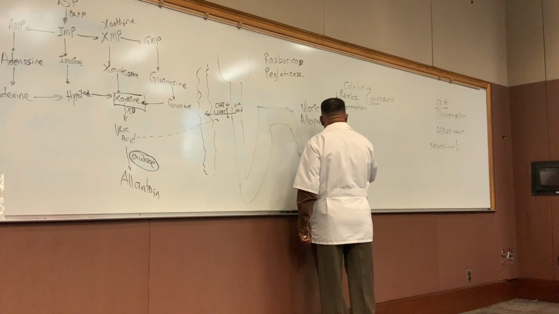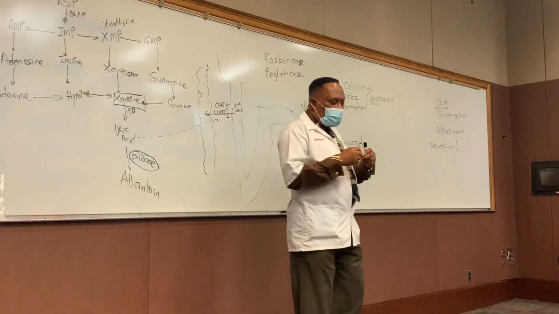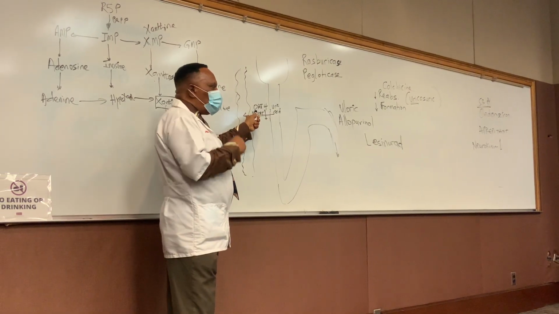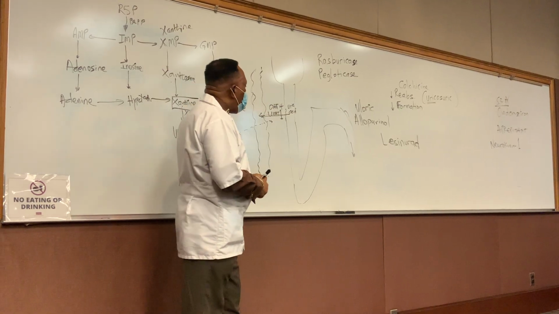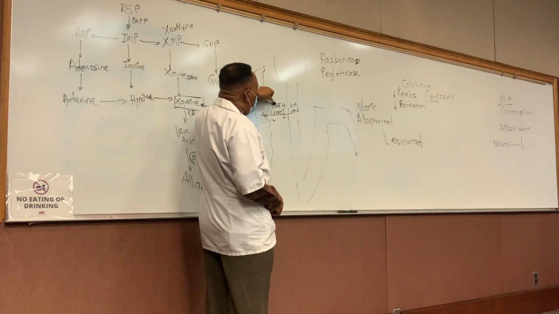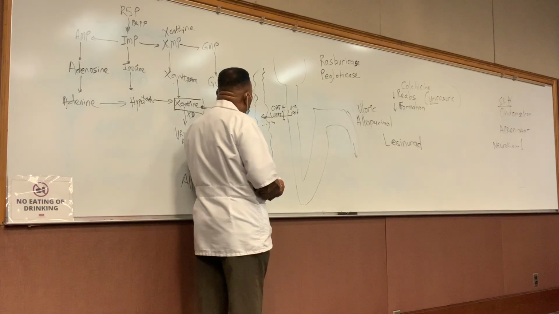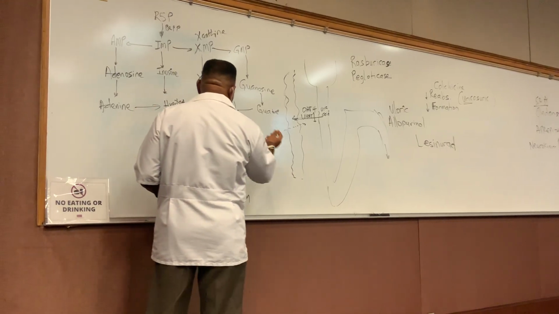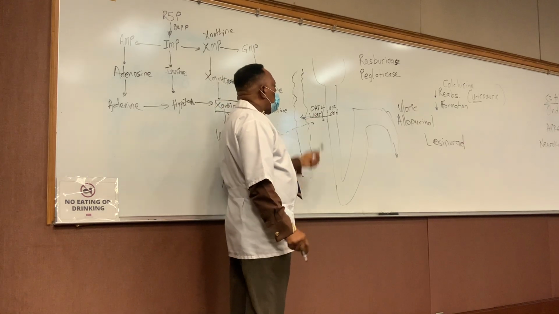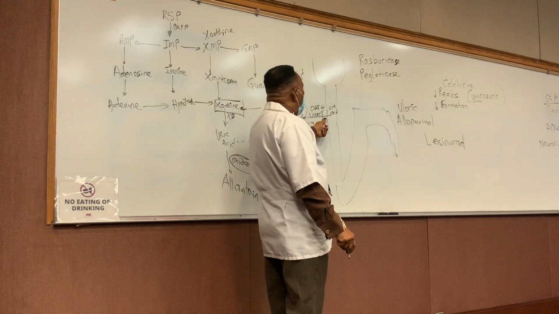There's an agent called lesinurad. Lesinurad would inhibit these two transporters: organic anion transporter 4 and urate transporter 1.